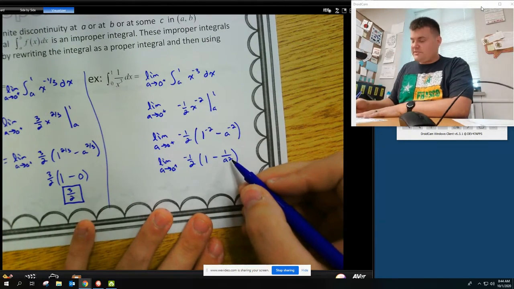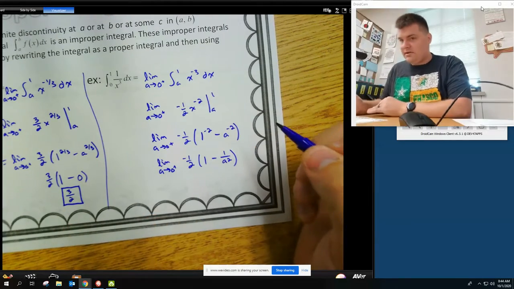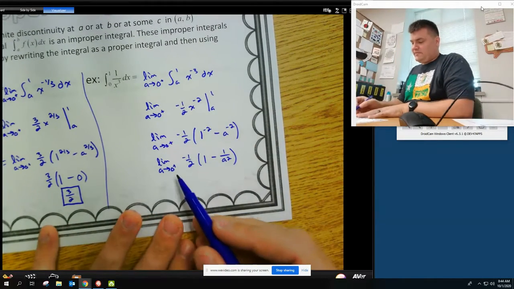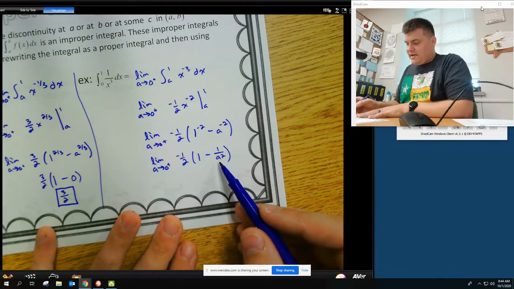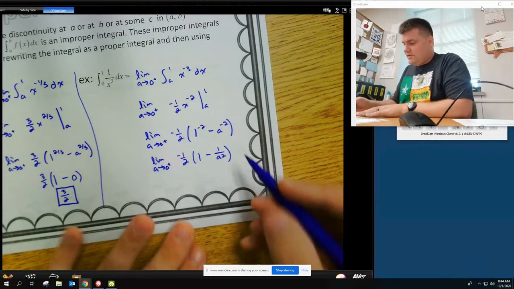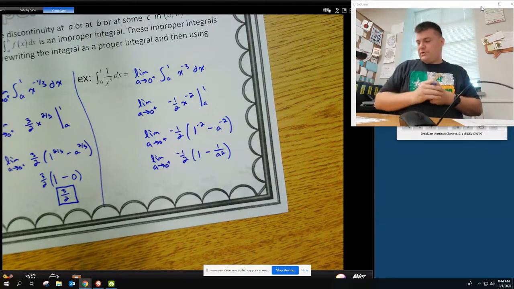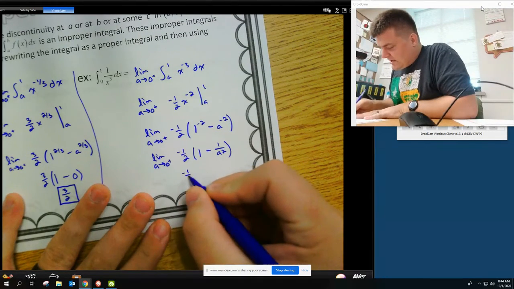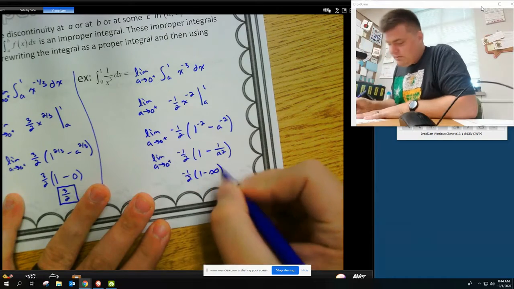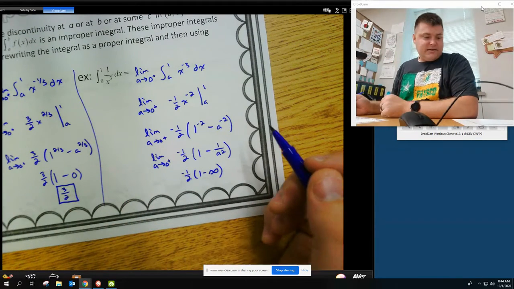I'm going to get some issues here. I'm not allowed to just plug in a 0, so I have to plug in a 0 from the right. When I plug in a 0 from the right, I'm going to end up getting a really, really high value. So like plug in like a 0.1. So I'm going to get like 1 over 0.1 squared, which is a number over a tiny number, which is actually going to give me an infinity. So I'm going to get negative 1/2 times 1 minus infinity. Well, that's undefined.